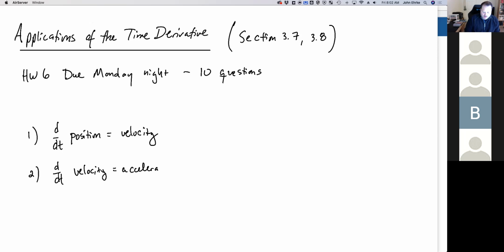However, there are many other quantities in science that have a time derivative relationship. And we're going to explore a few of those today. And we're going to actually venture outside of physics, engineering, math, STEM, basically, to look at some applications in business, some applications in economics, things like that.